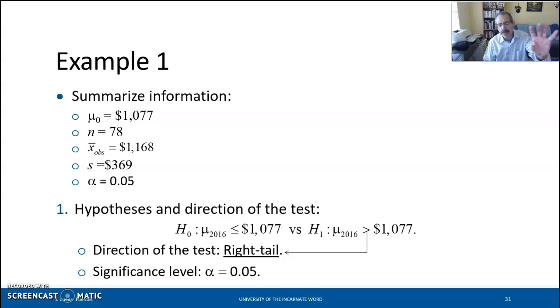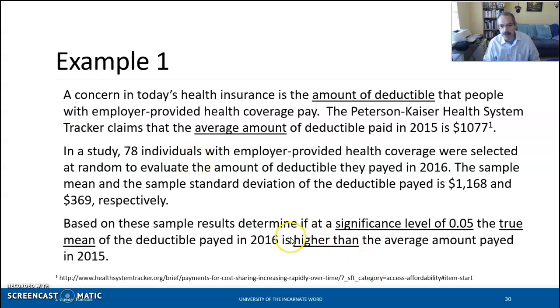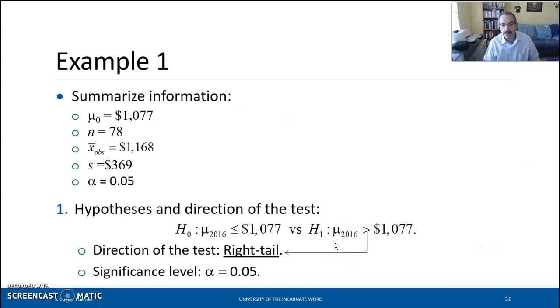Now that we have that information, we move on to the first step. We need to define the hypotheses and the direction of the test. As I said, in the problem they're saying we want to see if the mean in 2016 is higher than the mean in 2015, which is 1,077. So it's "higher than"; there is no equality in that statement.